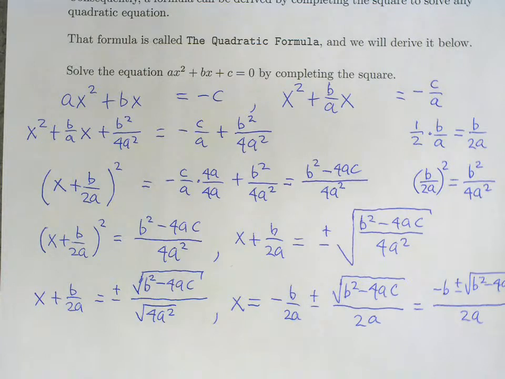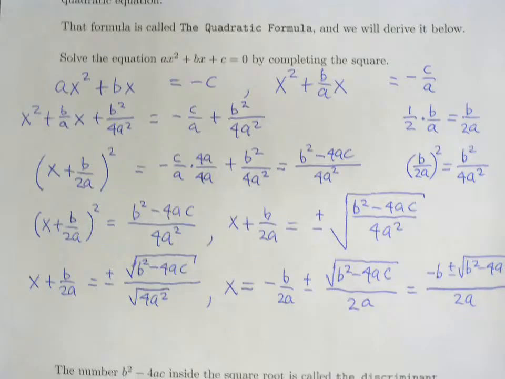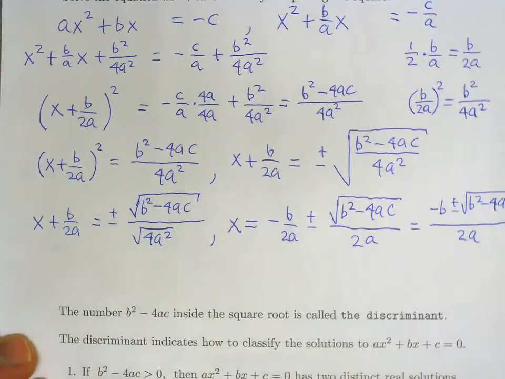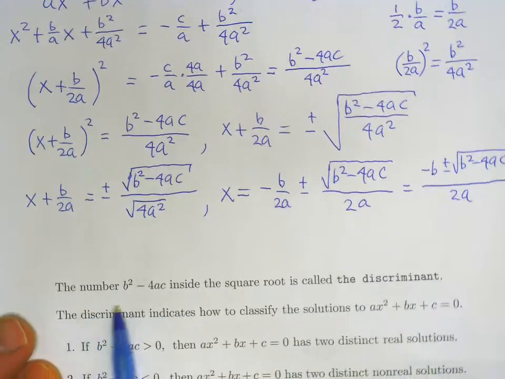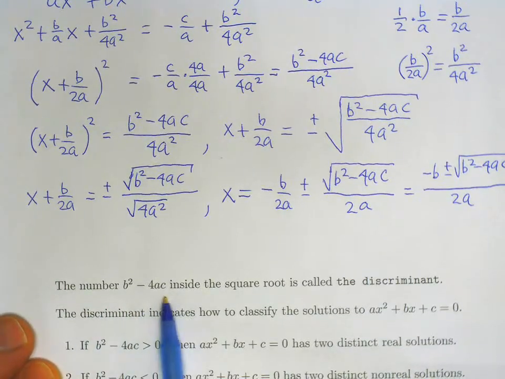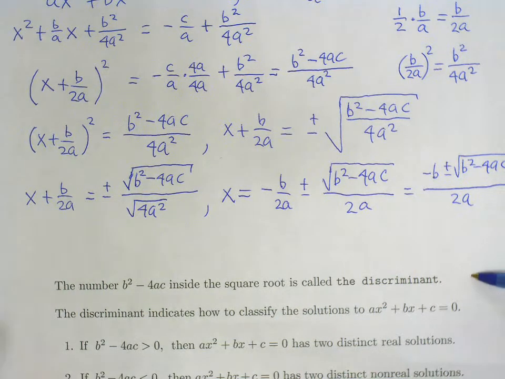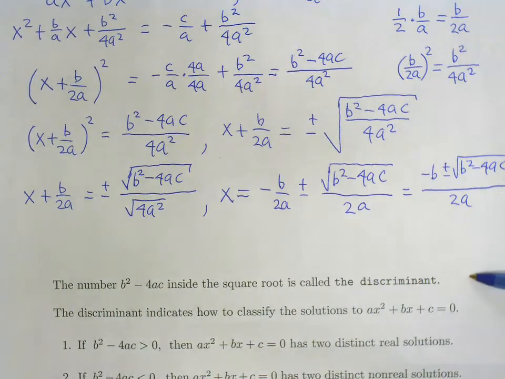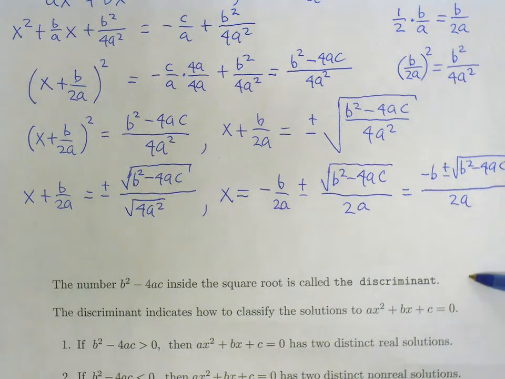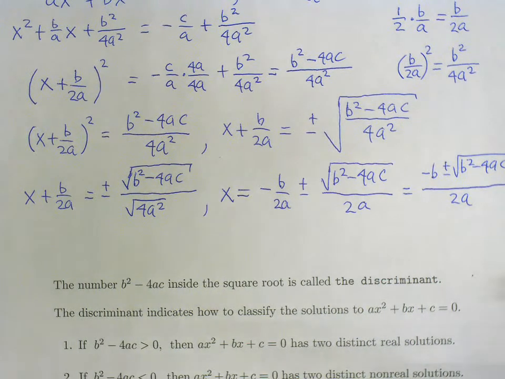Okay, we'll get a lot of practice using the quadratic formula here in a few minutes. But first, the number b to the second minus 4ac that's inside the square root is called the discriminant. And if you know what the discriminant is for a quadratic equation, then you can classify the solutions.